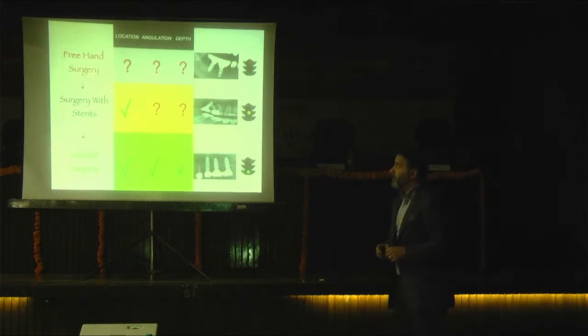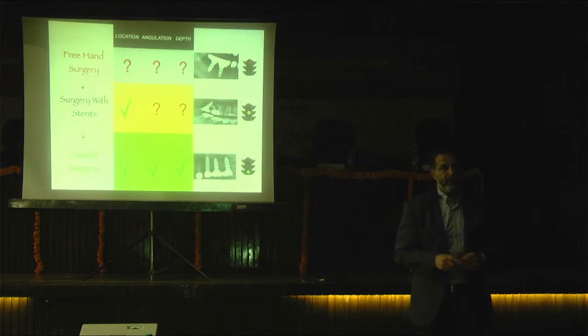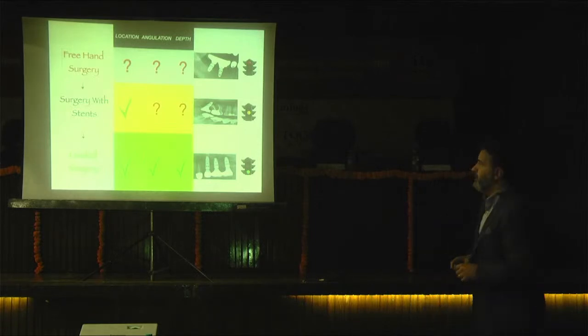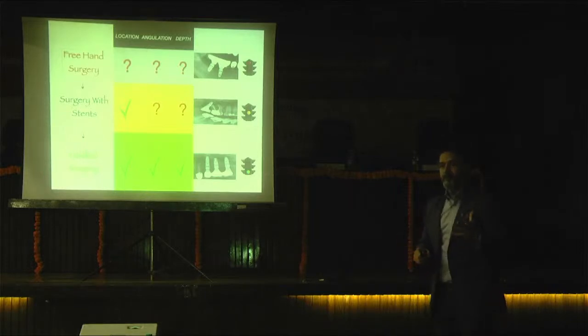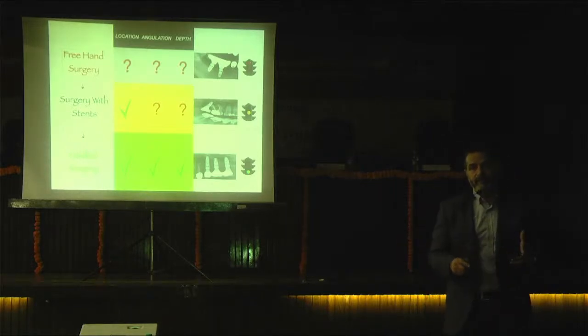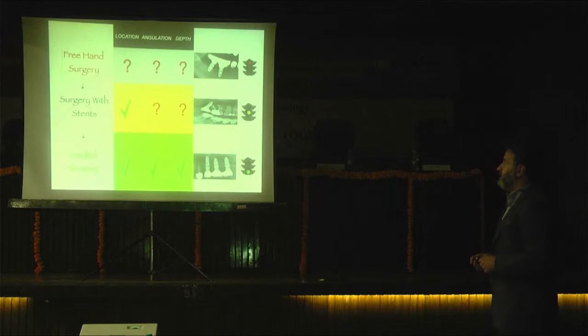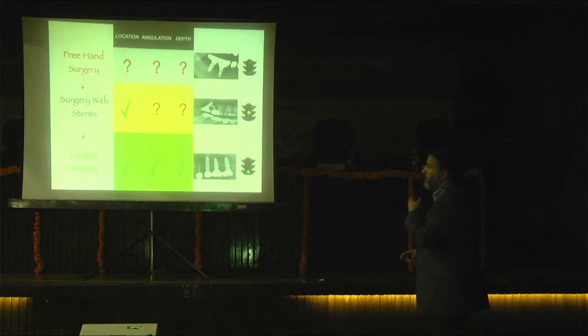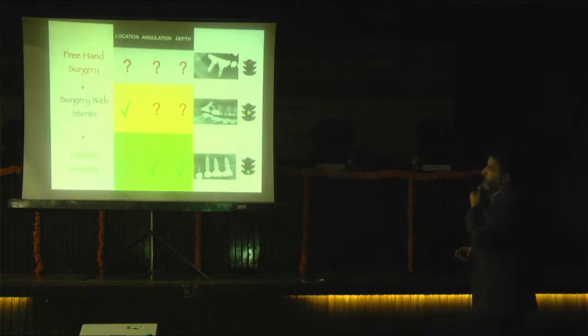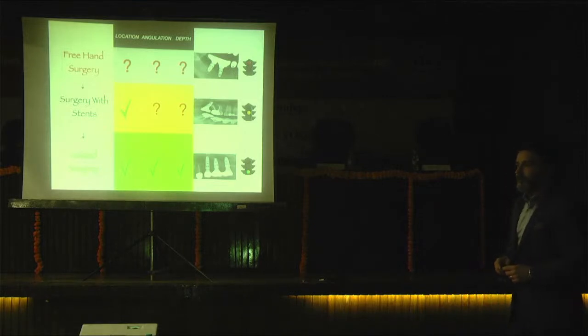And the things that we're going to compare are freehand surgery, surgery with stents from third-party programs, and guided surgery. If you have a look, you can easily see that for location, angulation, and depth in guided surgery, we're going to have no problem.